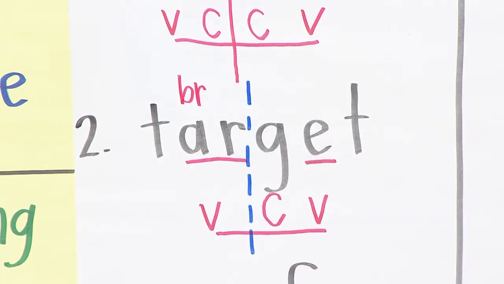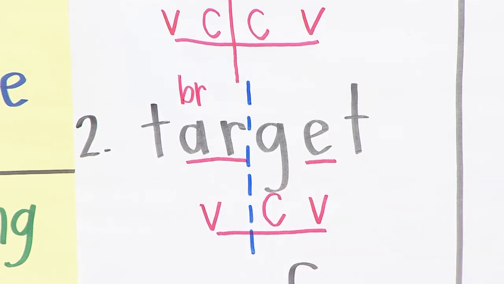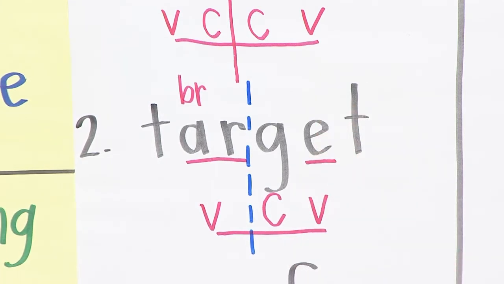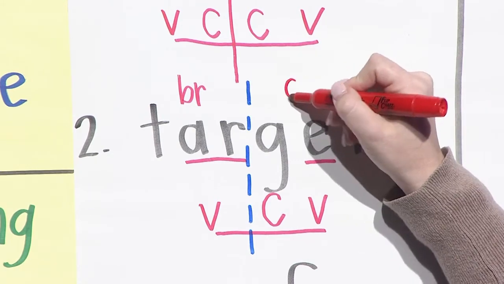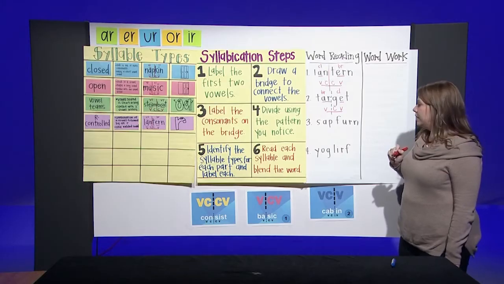What do you notice about the second syllable? That's right. It ends in consonant T, closing off that vowel, making a short sound. So how are we going to need to label this syllable? That's right. Closed, C-L. Good.